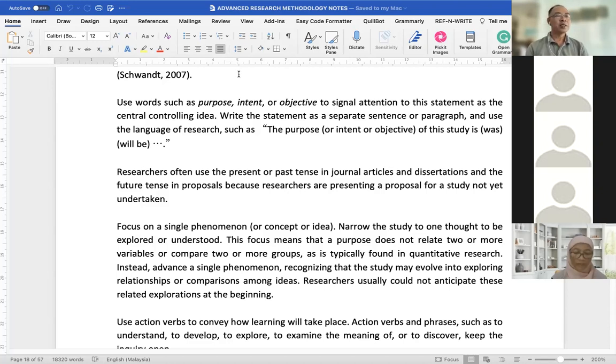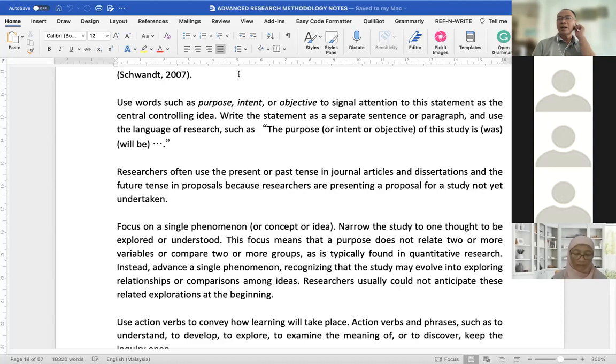But I agree with you. Sometimes, especially in qualitative research, it makes more sense to state the purpose first, like the general purpose, then you write the research questions. So it depends.